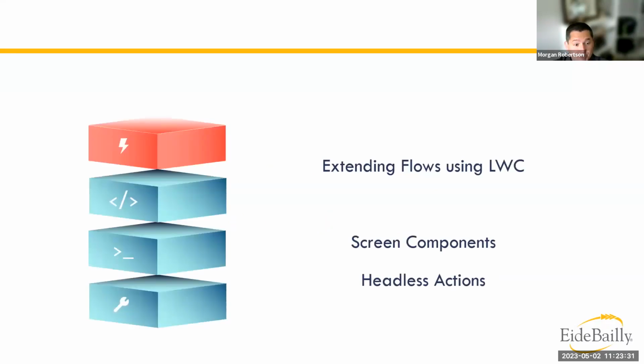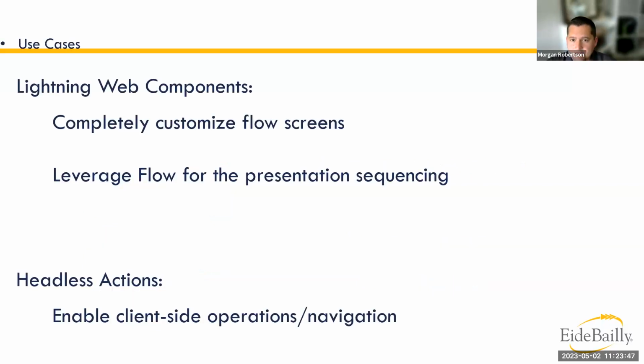Let's talk about what you can do with the Lightning Web Component. There are two ways that these apply. Number one is with what's called a screen component, and number two is a headless action. Now, the Lightning Web Component is a completely customizable flow screen.